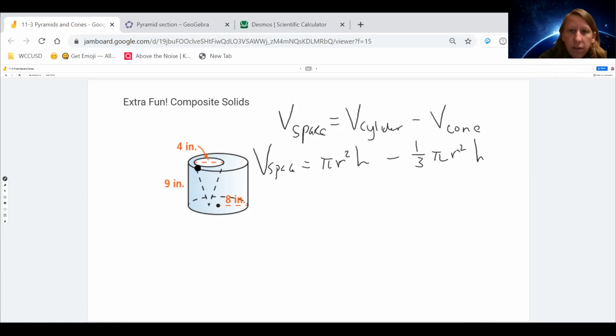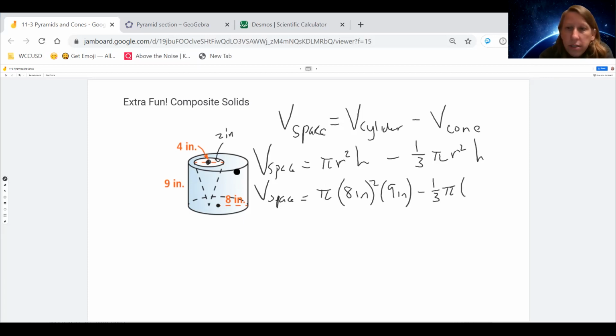The radius of the cylinder is 8. The radius of the cone is how much? Careful, it's not 4, it's 2 inches, because it's half of the diameter. So the volume of the space in between those two shapes is pi, this is the cylinder, 8 inches squared times 9 inches minus 1/3 pi.